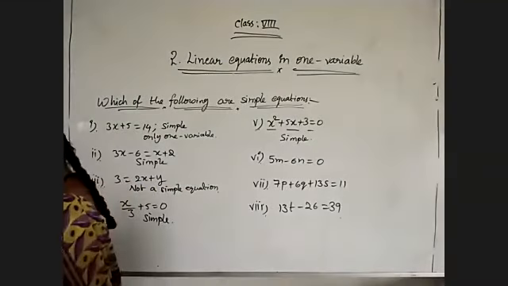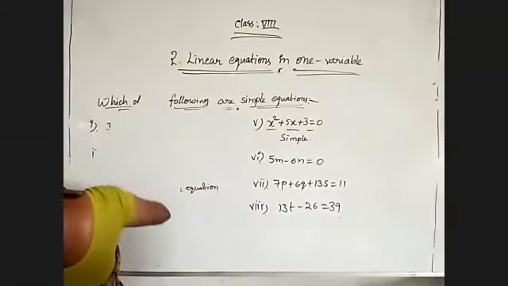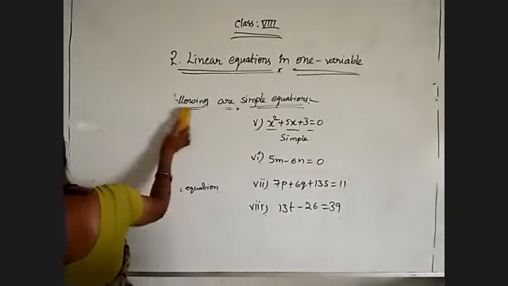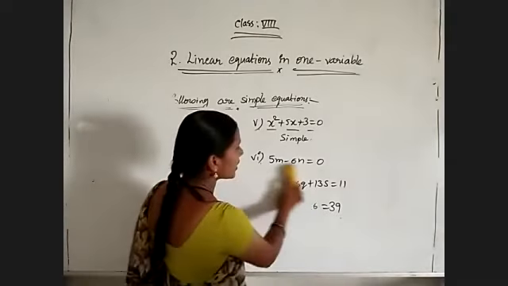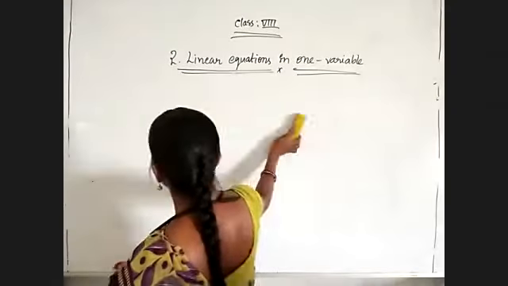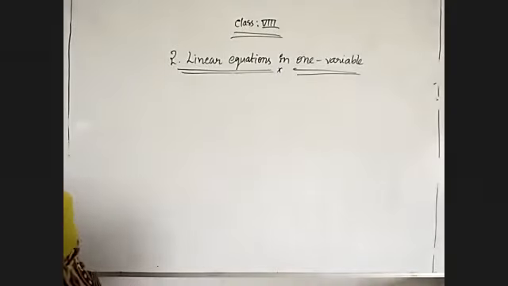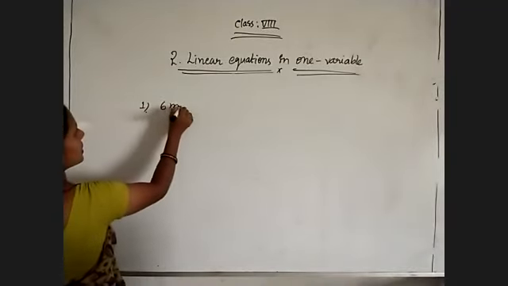Now coming to solving an equation. How to solve the equations? Having the variable on only one side. One example I will give you: how to solve 6m is equal to 12.